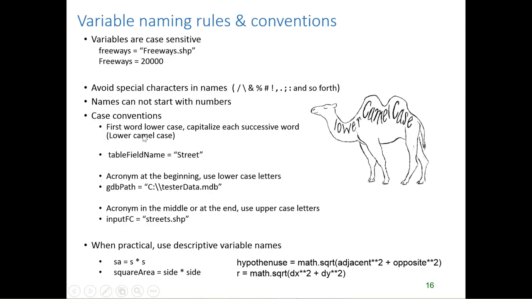So lower camel case is the first whole word is lowercase, and the next words that come after that, one or more words, have an uppercase for the first letter. Here's an example of a lower camel case variable.